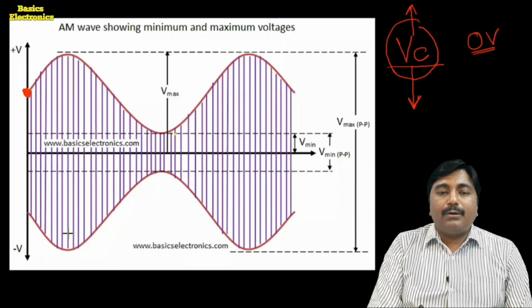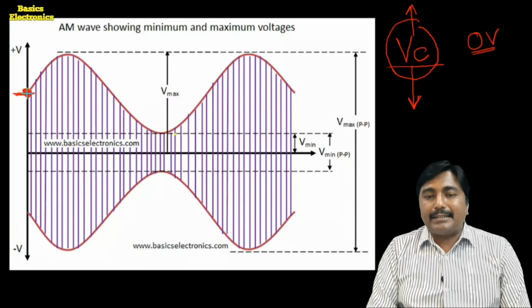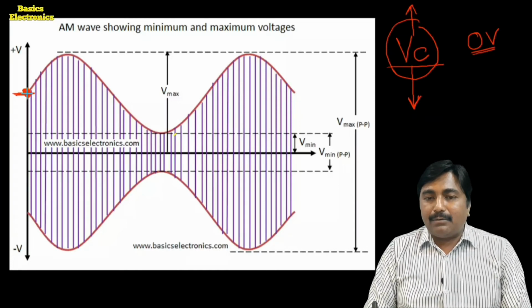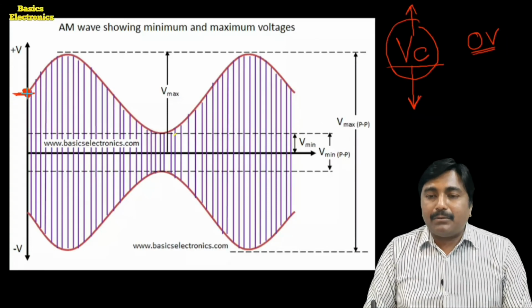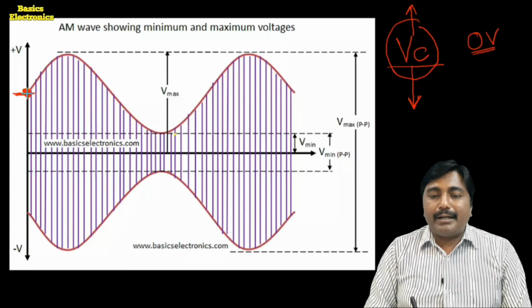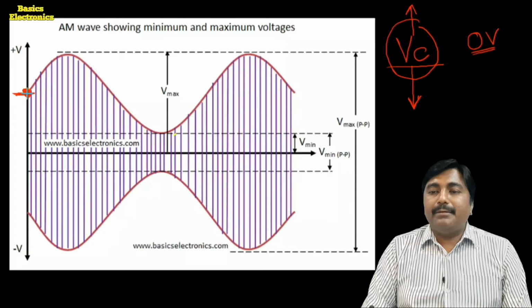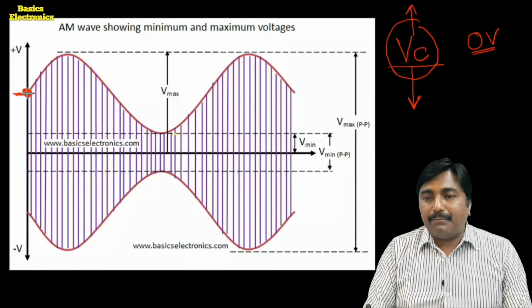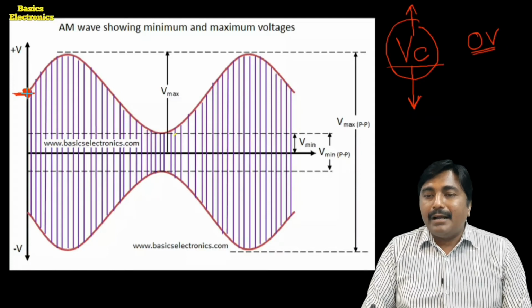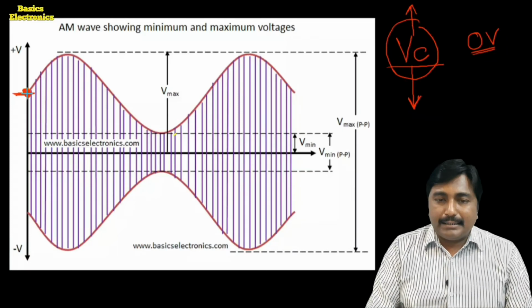Okay, so we have to find out this point voltage, which is the maximum voltage. For the peak voltage of this carrier signal, we require the modulating signal voltage, that is the Vm. And Vm is the peak value of the modulating signal voltage.